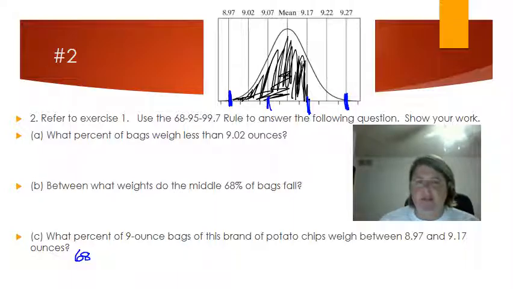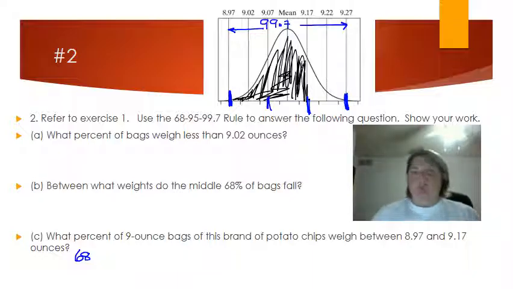is, let's count, 1, 2, 3 standard deviations from the mean on either side. 3 standard deviations of the mean is 99.7. So from here to here underneath the curve is 99.7. So what we've left out here is this other little piece, right?